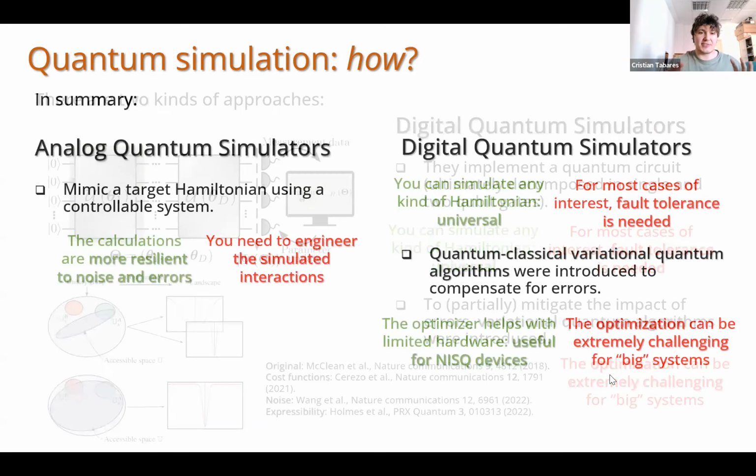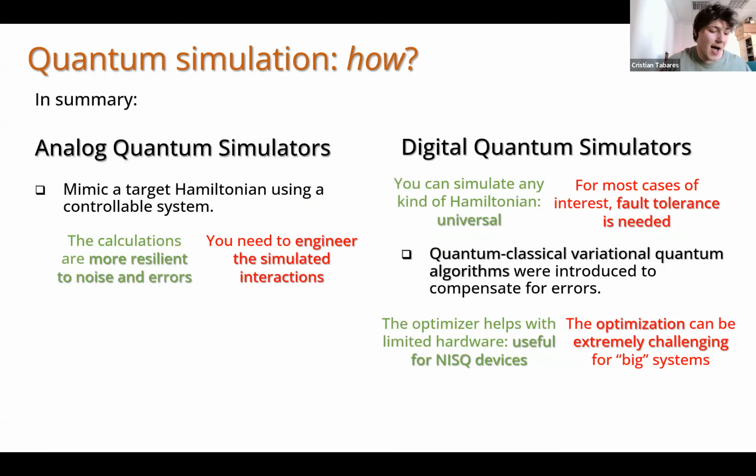So just with this in mind, let me do a short recap of what we have been discussing. About the question of how to do quantum simulation, we have introduced analog quantum simulators. And we said that the simulators mimic a given target Hamiltonian using a control system.